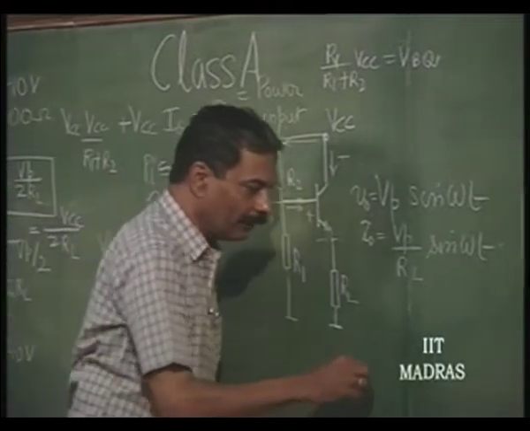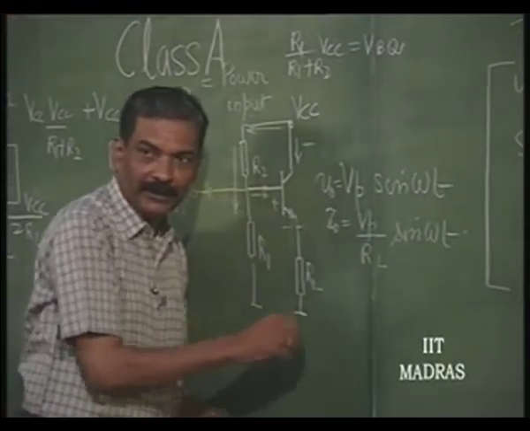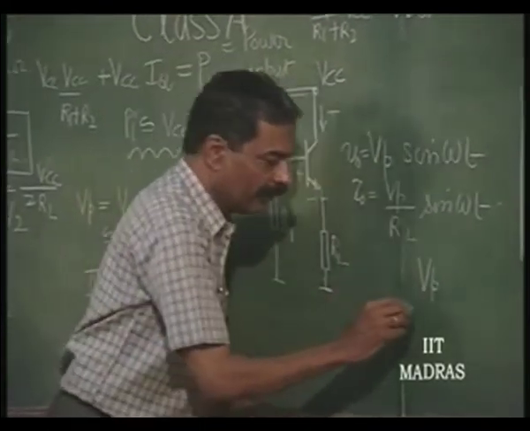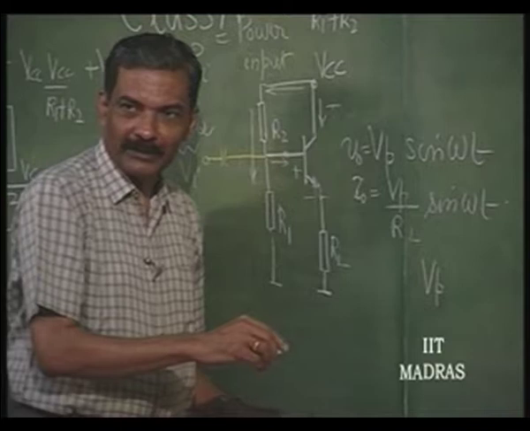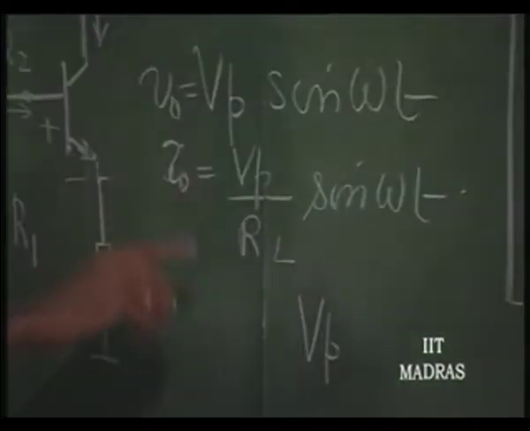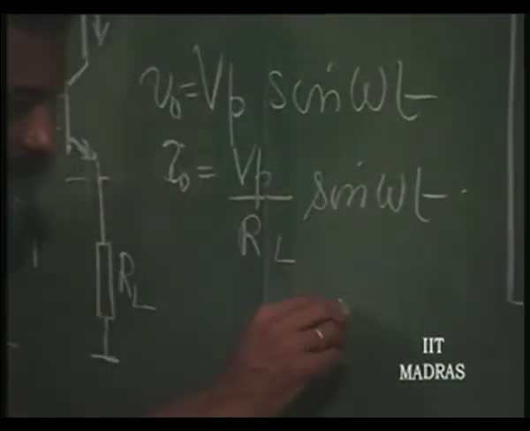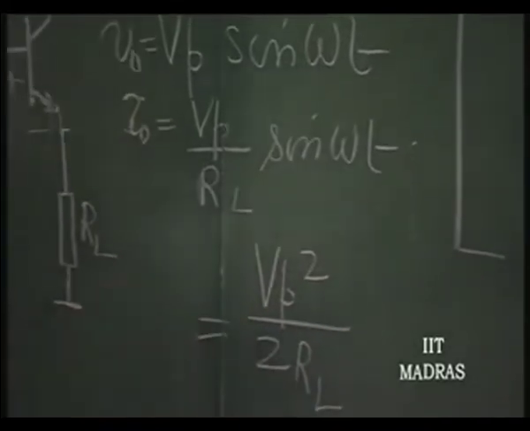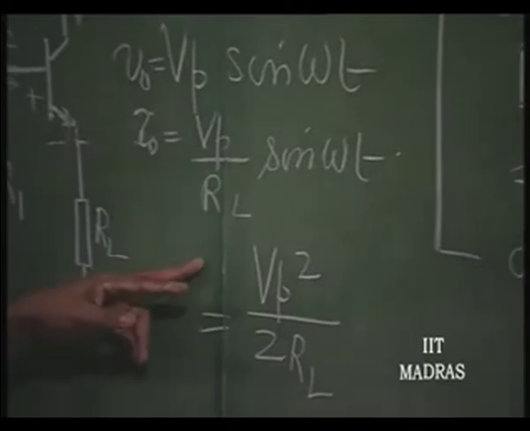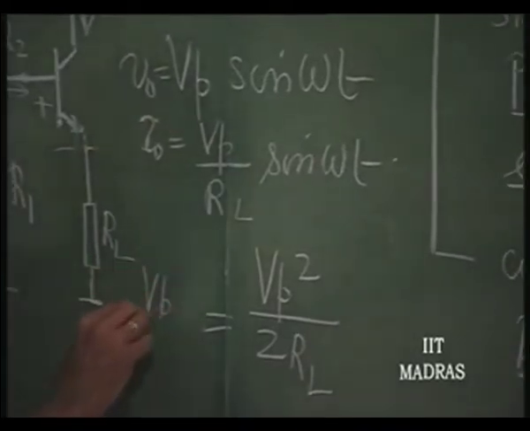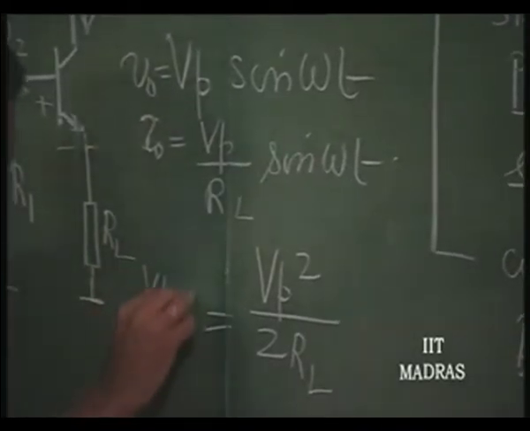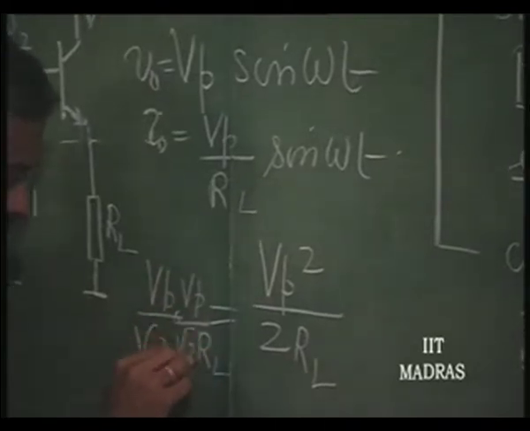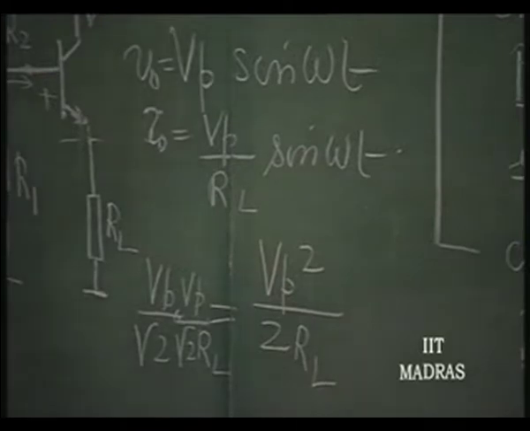Then the power dissipated is going to be Vp divided by root 2, the RMS value, into Vp by RL divided by root 2, which is Vp squared by 2 RL.